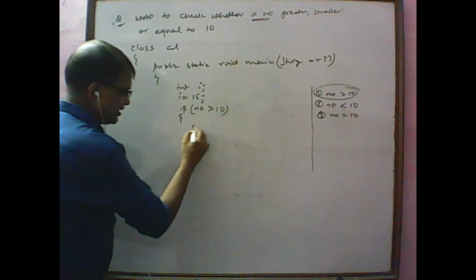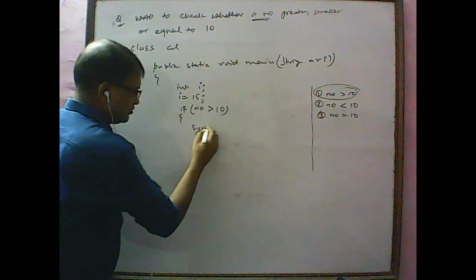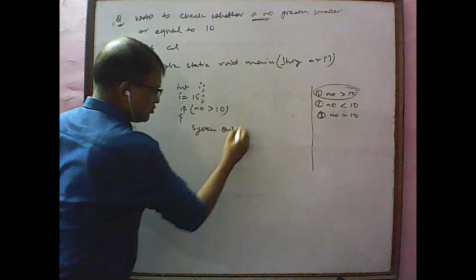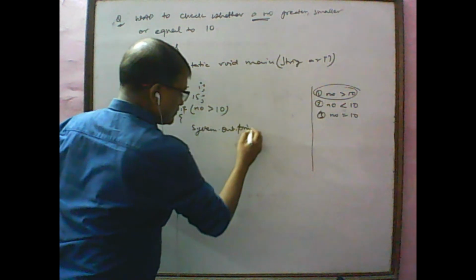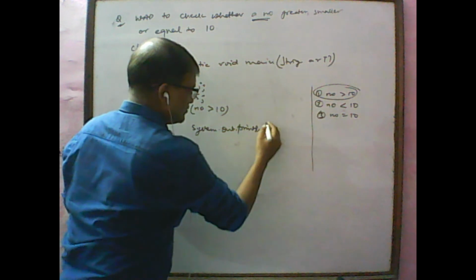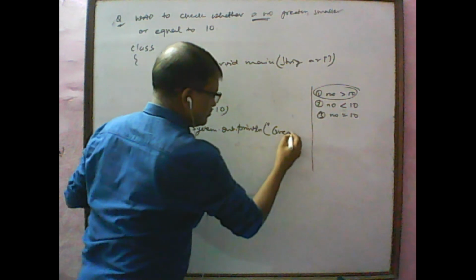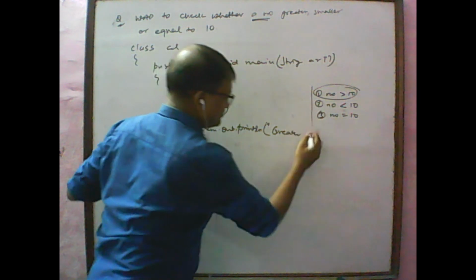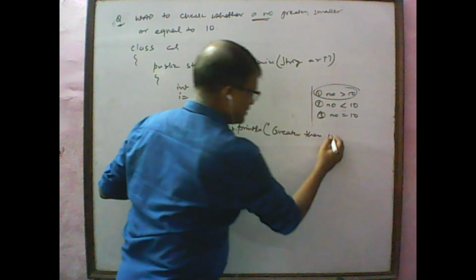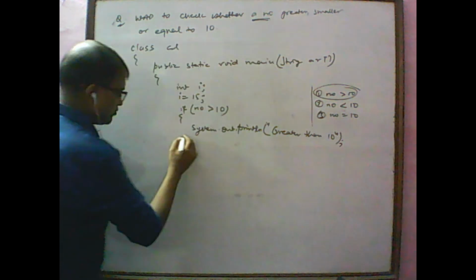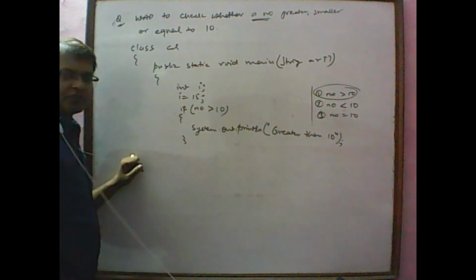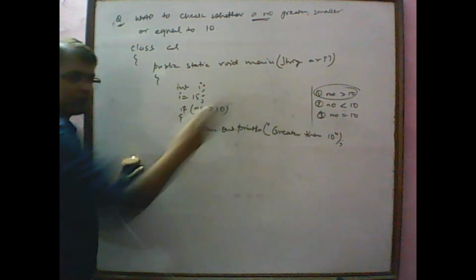Start the curly bracket and write System.out.println greater than 10. Close. The situation is complete and the processing is also complete.